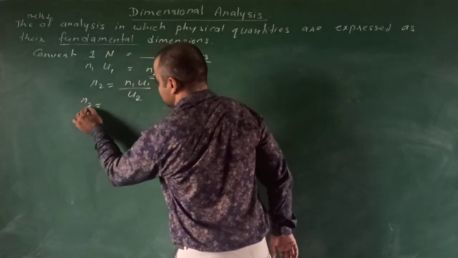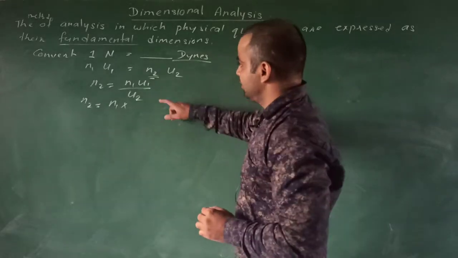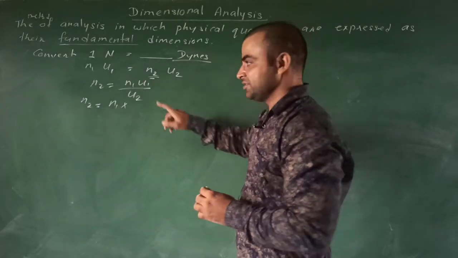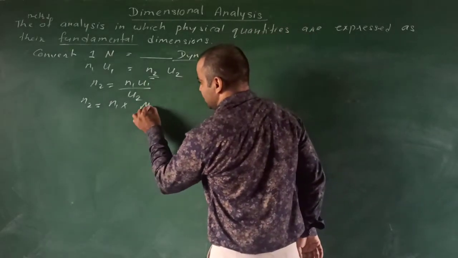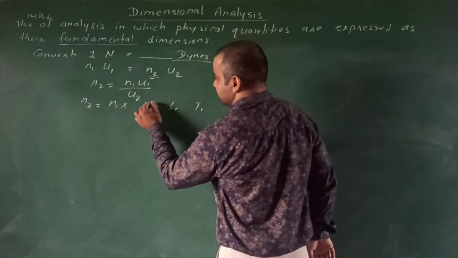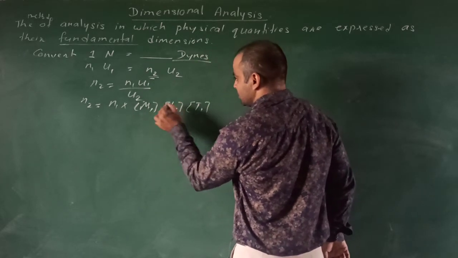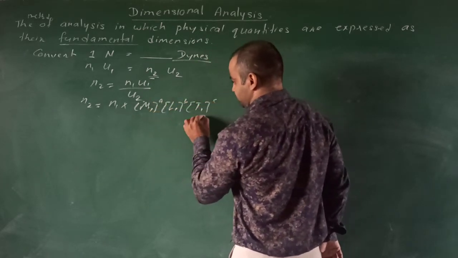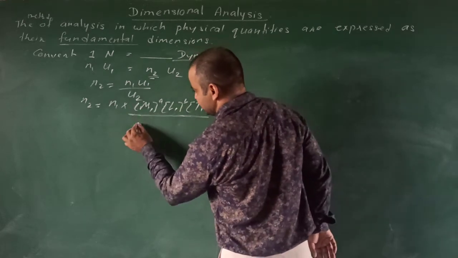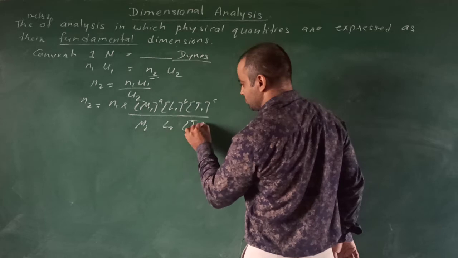N2 equals N1 into. Convert these units into dimensions. M1 to the power a, L1 to the power b, T1 to the power c. Next for second unit, M2, L2, T2.